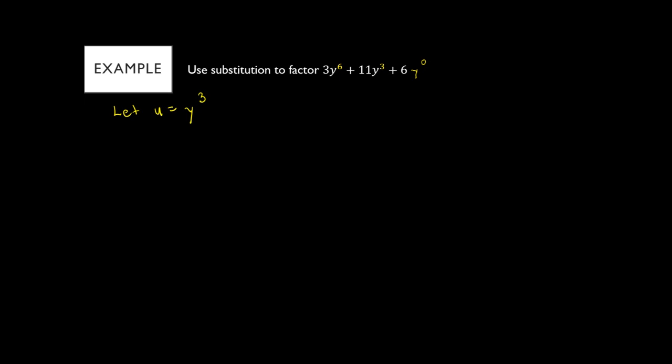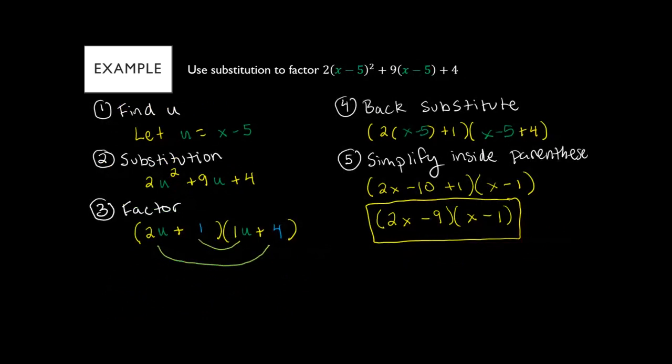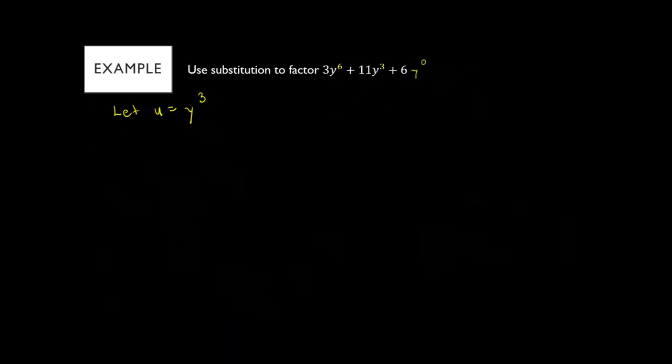This is actually the same thing we've been doing, where our u in these previous examples was basically the middle part of the parentheses. We set it as the w squared minus 5 here, the x minus 5. So we're following the same rule where your u is the middle, but it looks different because it doesn't have a set of parentheses.